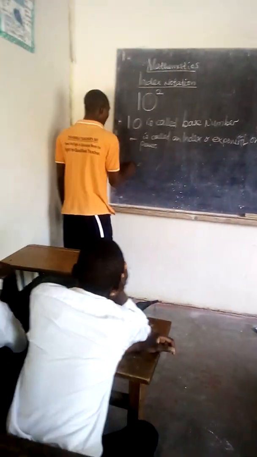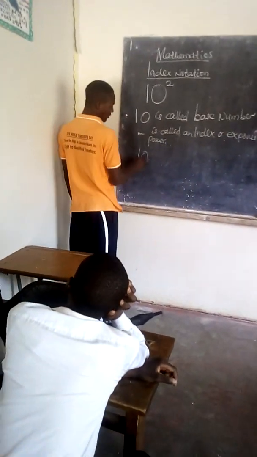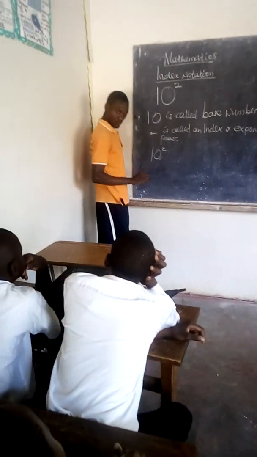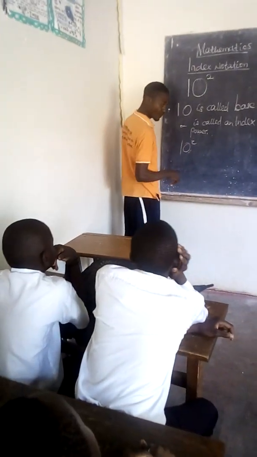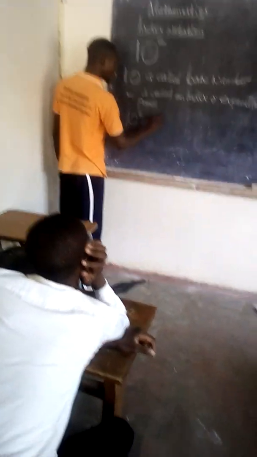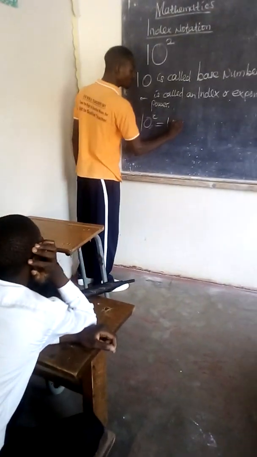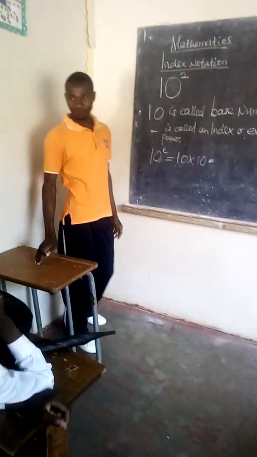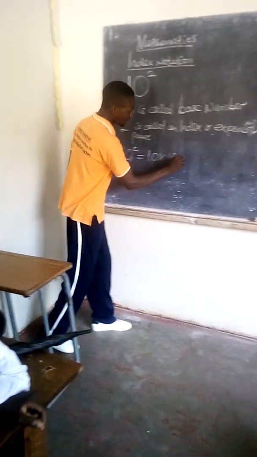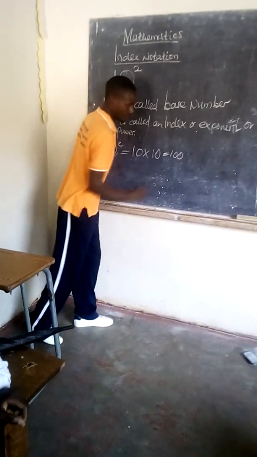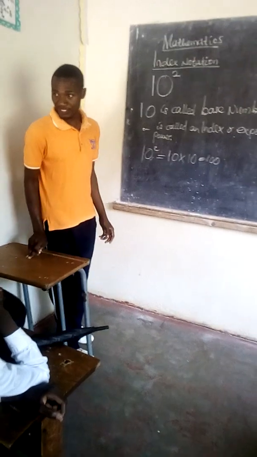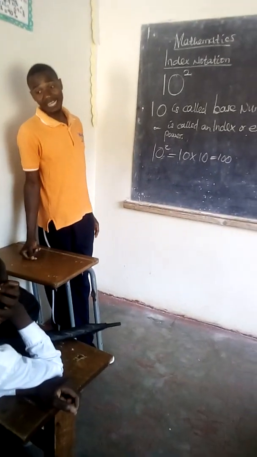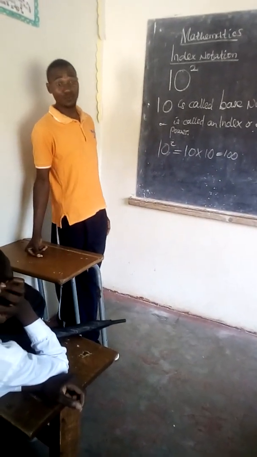So if you write it here, 10 to the power 2 or 10 squared, this means 10 times 10. What could be the answer here? 100. It is 100.